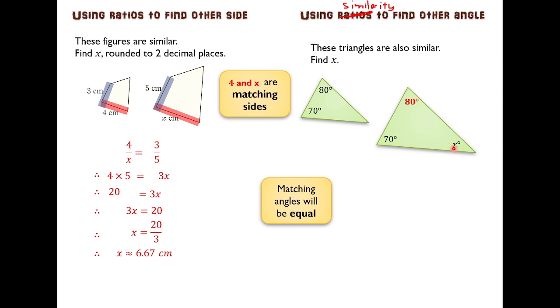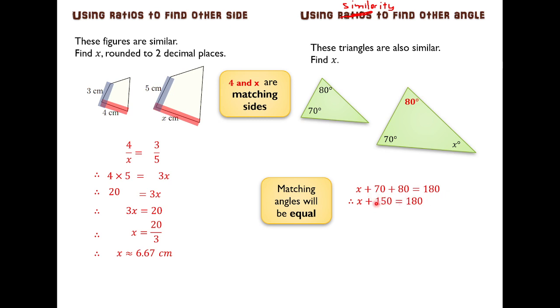So x plus 70 plus 80 equals 180. Now I can simplify this: 70 plus 80 is 150, and I can copy everything else down. Now I know what x plus 150 is. I can move this term to the other side.